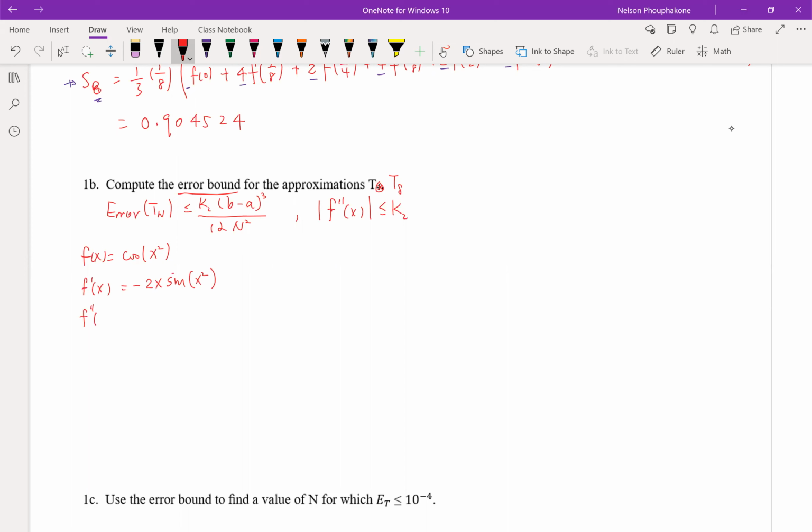And then f double prime of x is negative 2 times, okay, the derivative of x is 1, so I have sine of x squared plus x times the derivative of sine of x squared, which is cosine of x squared times 2x.